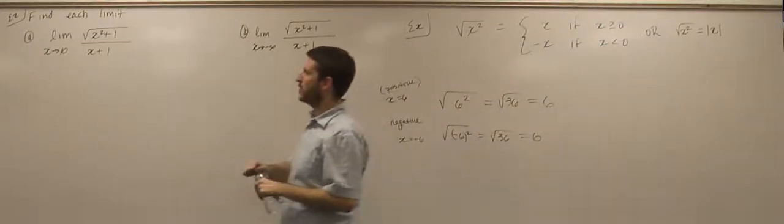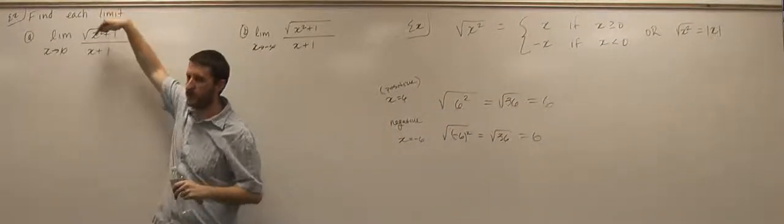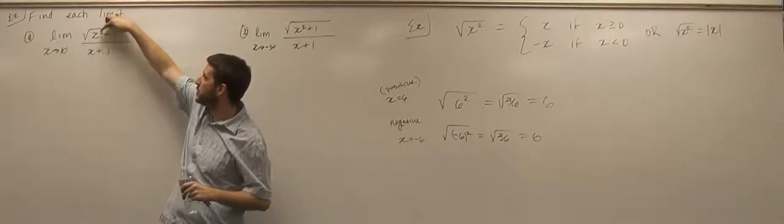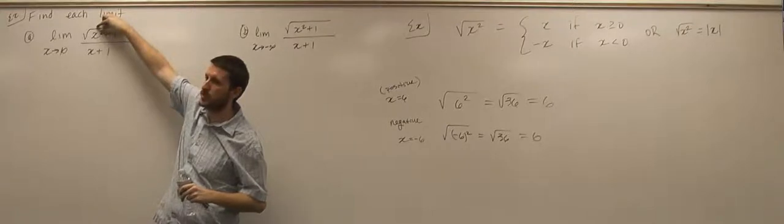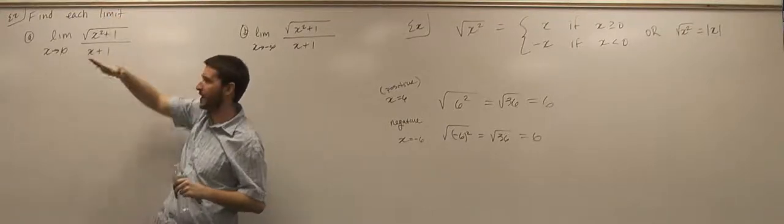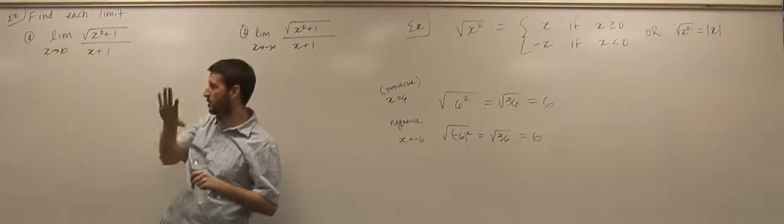So when you plug in infinity here, you're going to get infinity over infinity, right? Because if you square a big number and then square root it, you can kind of think of these canceling out and you just end up with the big number that you started with. Kind of, approximately, not actually.